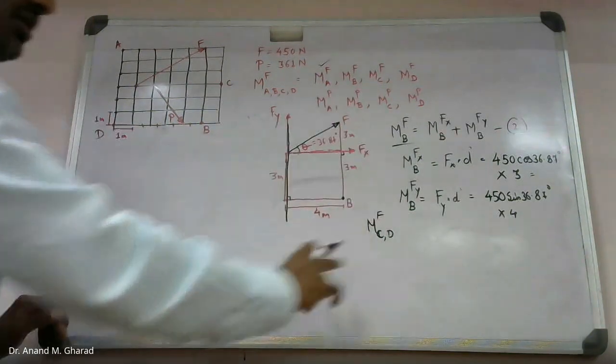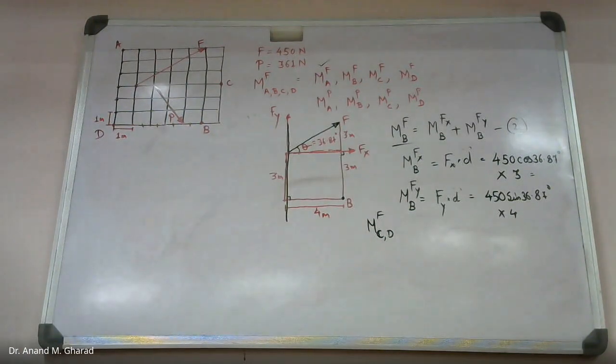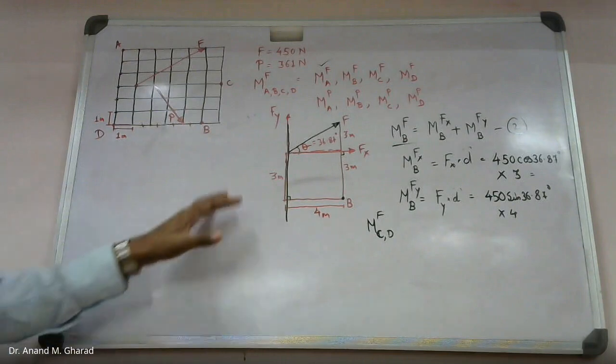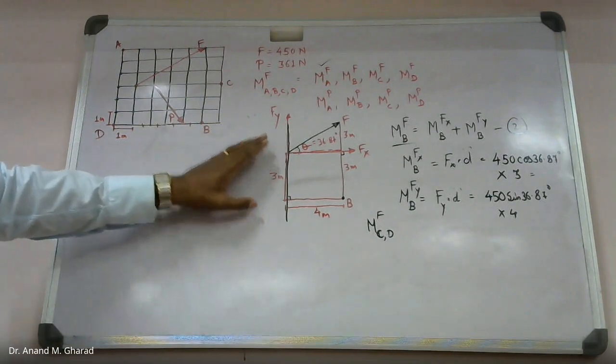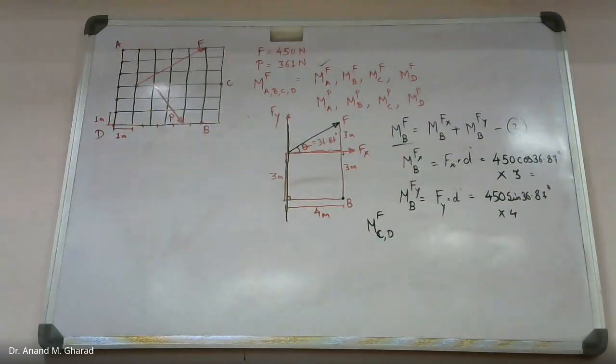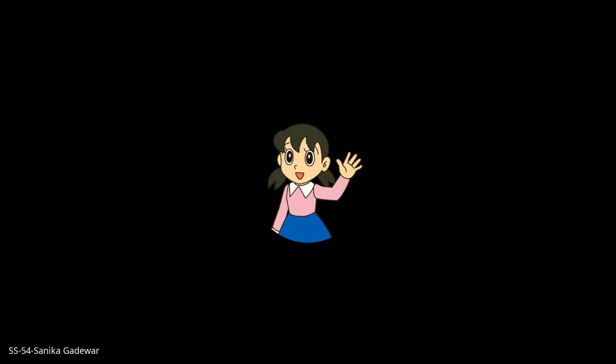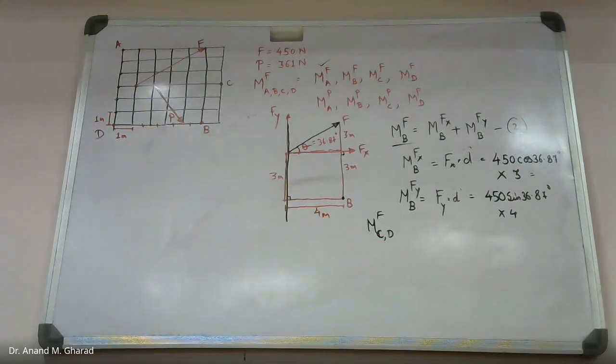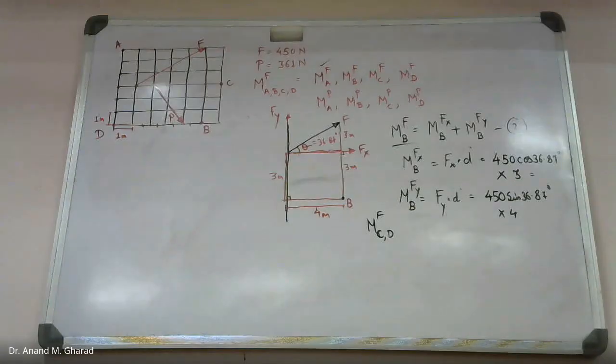You must have understood this explanation, and based on it you can solve the other part. Yes, sir. So take this as an assignment. If you find any difficulty, we can discuss it in the next class. Is this okay? Yes, sir. Okay, I will stop here. Thank you very much. Thank you, sir.